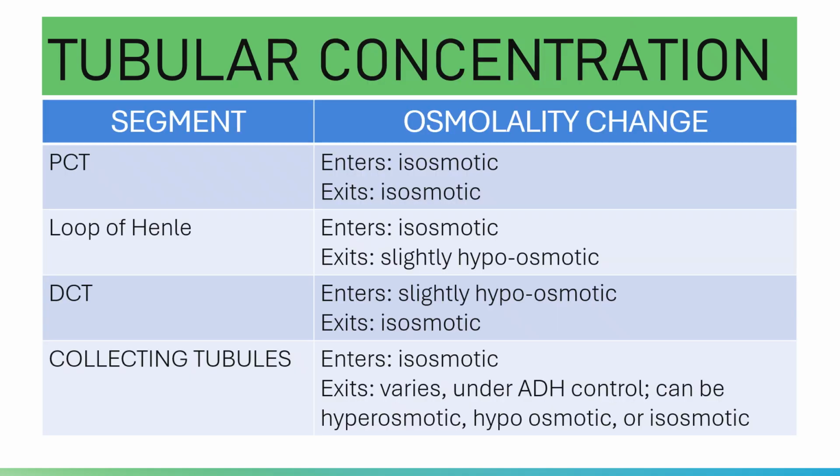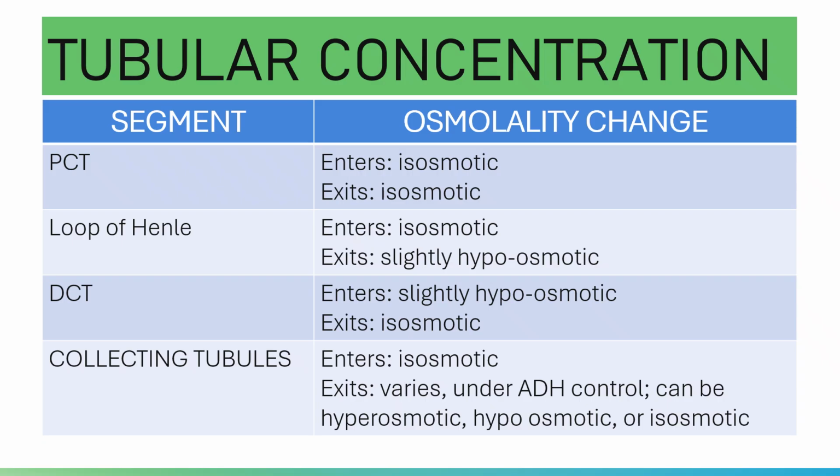This is a table showing you the segment and the osmolality change in the ultrafiltrate. In the proximal convoluted tubule, the filtrate enters isosmotic from the Bowman's capsule, and it exits the PCT isosmotic.